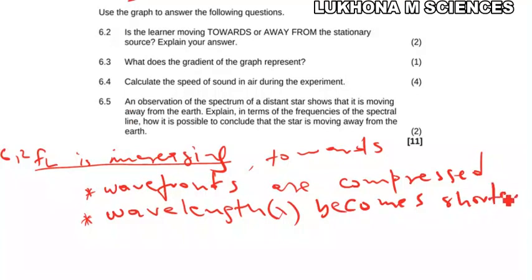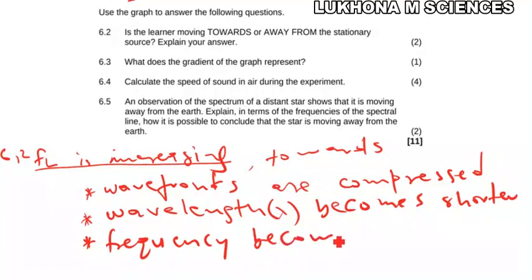The frequency becomes higher. So we say it is moving towards. The frequency is increasing, become higher. Reason: the wave fronts are compressed, the wavelength becomes shorter, the frequency becomes higher.